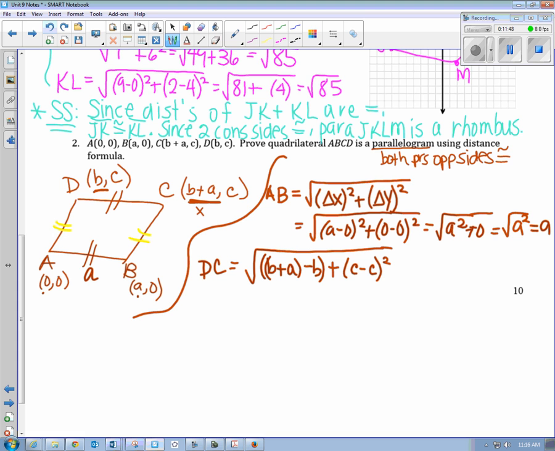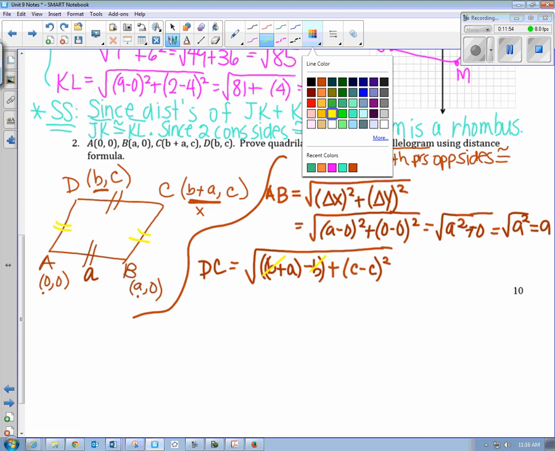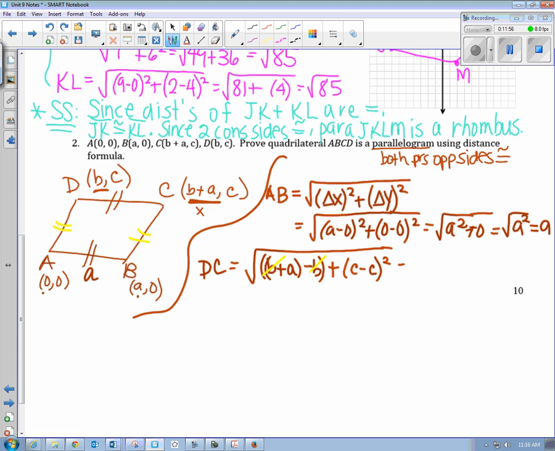And when I go through and evaluate this, I want you to notice that the b's cancel. It's b minus b, so they cancel out. So what kind of starts out looking like a mess simplifies relatively quickly into exactly what we had over here.